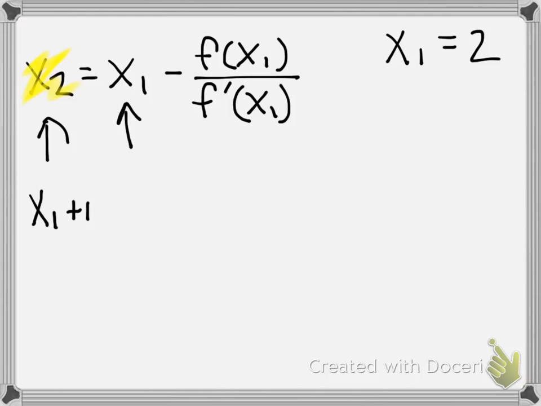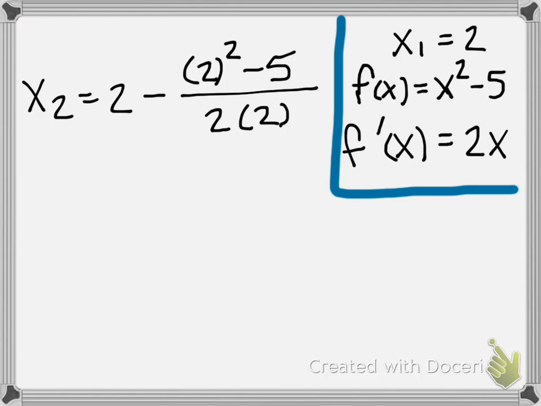If it's in the function or derivative, plug it in there, and set up your equation to get ready to solve for x2. Okay, so whenever you set up the equation for x2, you should get something that looks like this, where our 2 here was our original x1, and then this was our f of x right here. So we see that 2 squared minus 5, because the 2 is substituted in for the x.